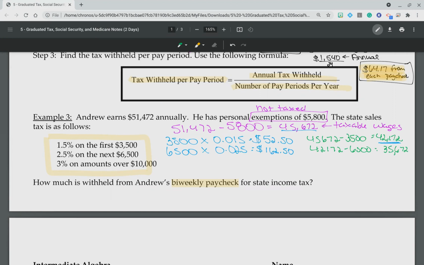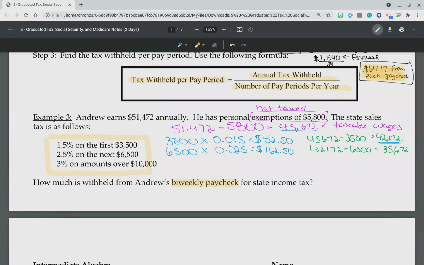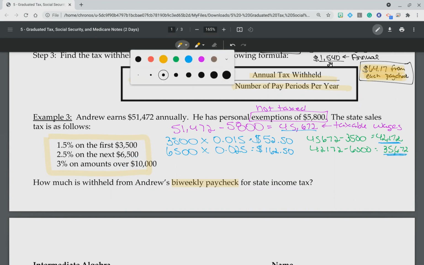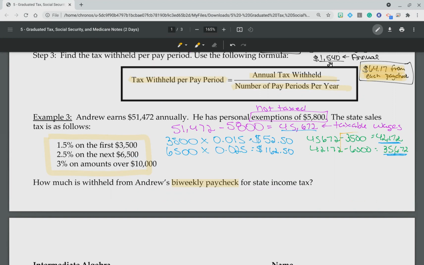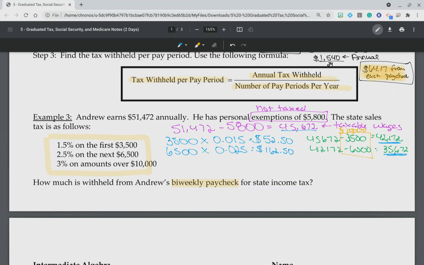All right, and then my last tax bracket here says 3% on amounts over $10,000. This is my amount over $10,000 because, just like we said before, what I've subtracted off so far is $10,000. So what I have left is $35,672, and that's my amount over $10,000.